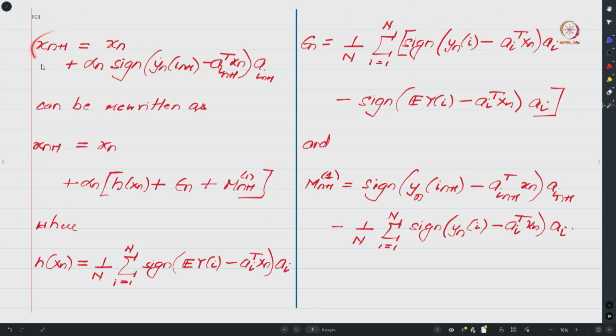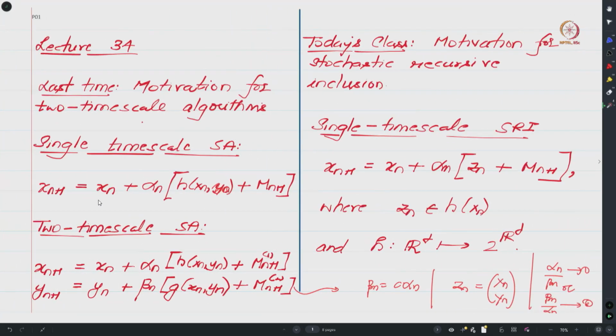So I hope you agree that this update rule over here, which is the x_n update rule, can be written in this form, right. So here you can see you have h of x_n. I should perhaps have used capital H here, because I am going to use capital H for the set valued dynamics henceforth.